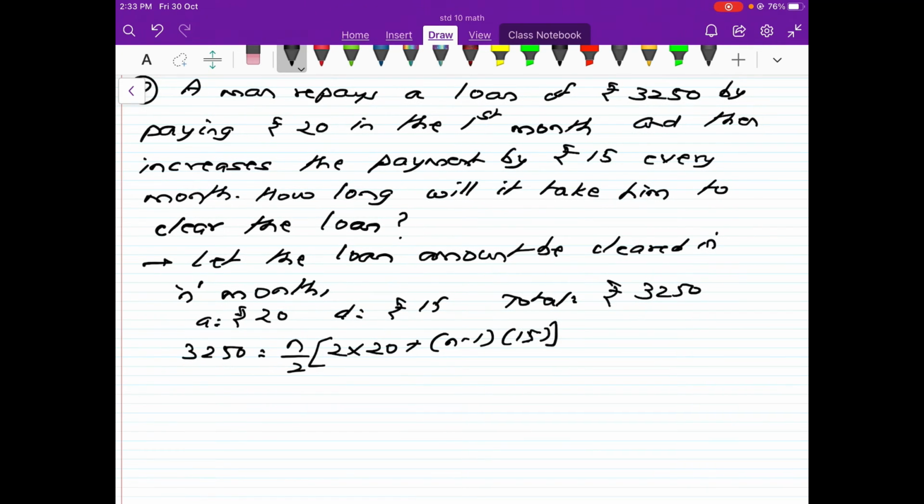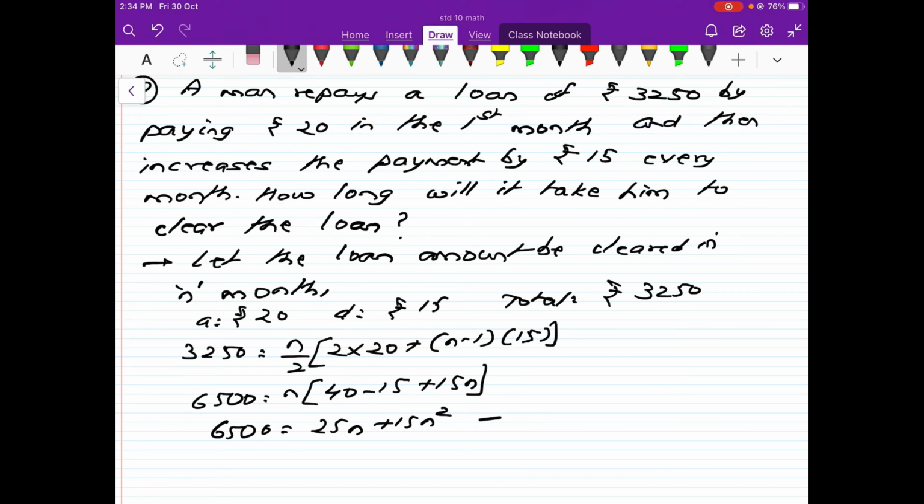So cross multiply, so this becomes 6500 is equal to n into 40 minus 15 plus 15n. So 6500 is equal to 25n plus 15n square.